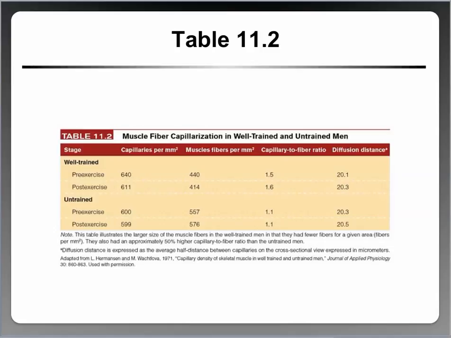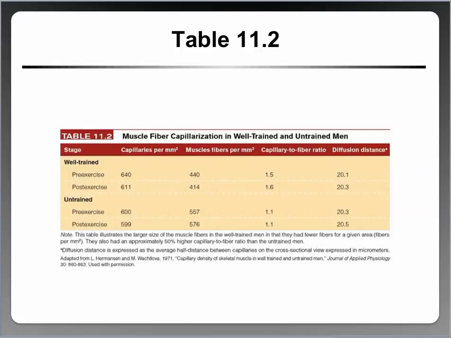You can look at, I'd probably say first, look at the second column where it says capillaries per millimeter squared. And let's take a look at the well-trained individual in a pre-exercise condition. You can see that they have 640 capillaries per millimeter squared. And then you compare that to an untrained person in a pre-exercise condition, and you can see that they have significantly more.